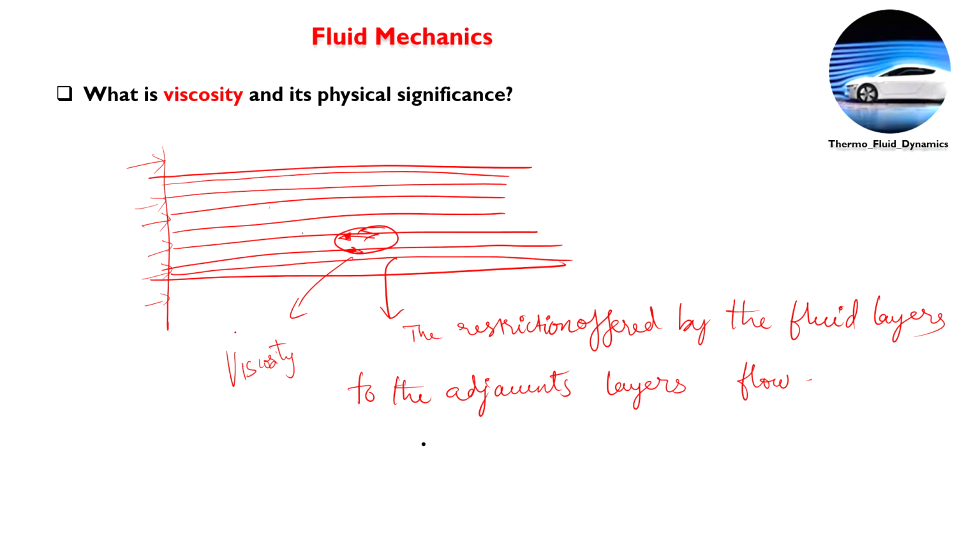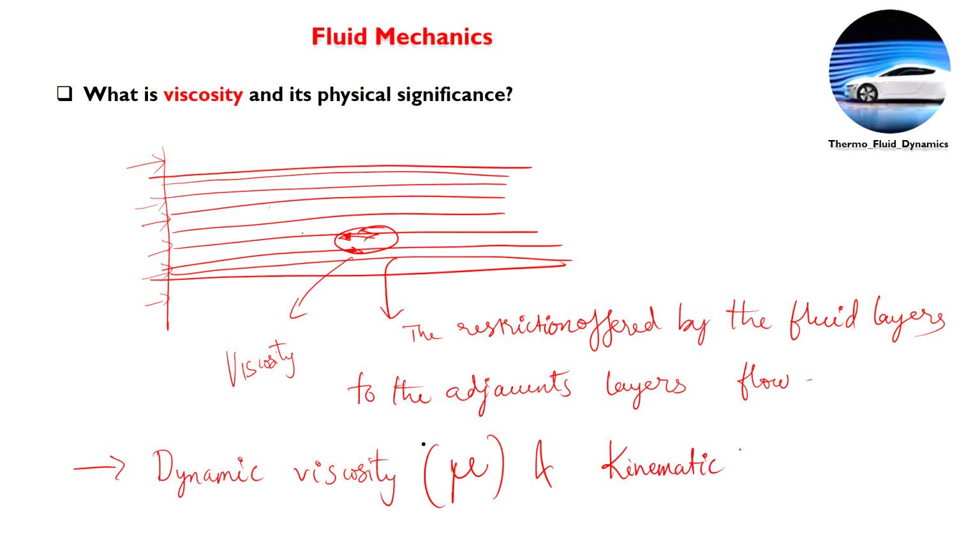And we have two types of viscosity, basically dynamic viscosity, which is denoted by mu, and kinematic viscosity, which is denoted by nu.